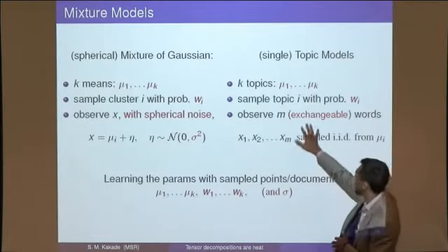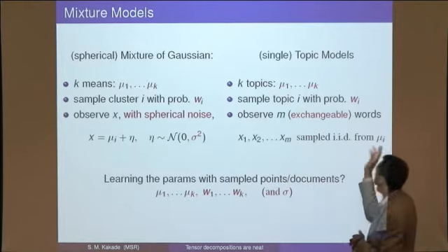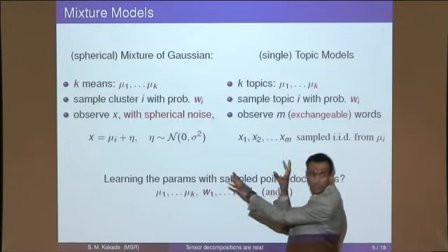In the case of topic models, we're going to see a document, and the document consists of m words which are sampled independently from this topic. So it's an exchangeable model. Our document just consists of m words, and they're all sampled IID from mu i. At this level, we see some distinctions between these two models.